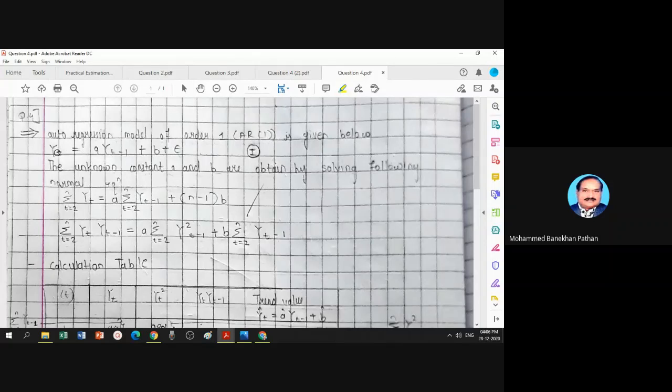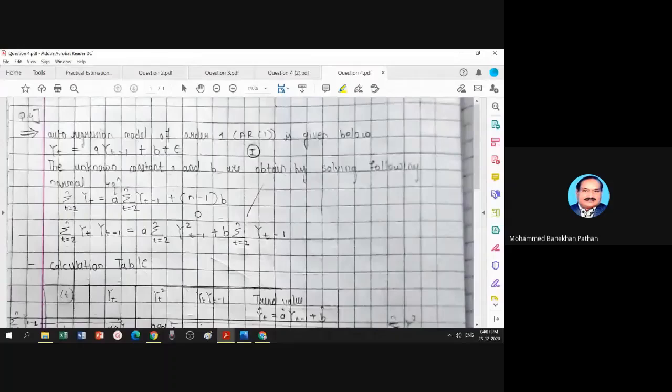This equation is known as the AR1 model. Firstly, we try to fit this equation. If you drop epsilon, it is a simple equation of a line, that is a regression line. The unknown constants small a and small b are obtained by solving the following normal equations.